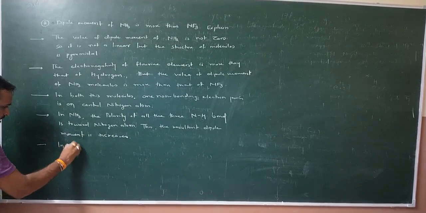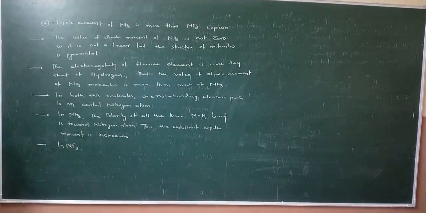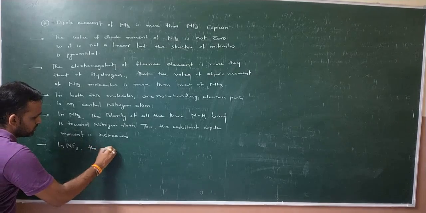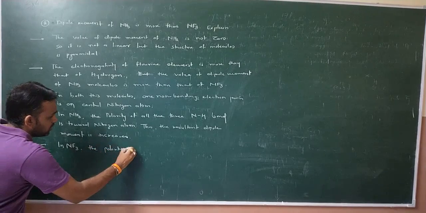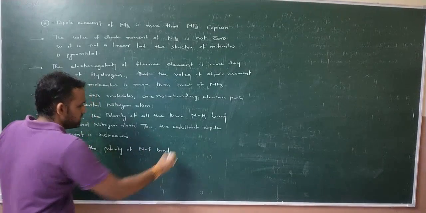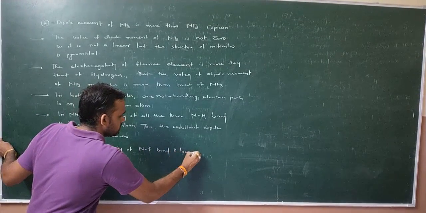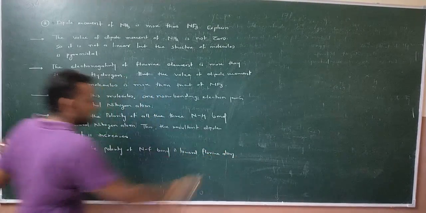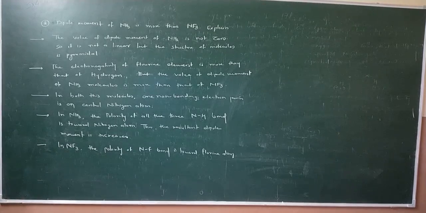Whereas in NF3, the polarity of the N-F bonds is towards the fluorine atom.